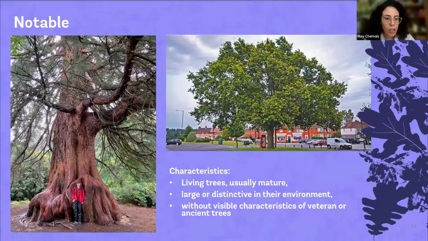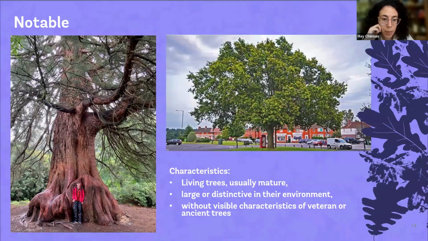On the left you have the giant sequoia tree, which was introduced not too long ago, around the 1800s. These trees typically live very long, and their ancient counterparts in California are thousands of years old, but in the UK they're not as old.